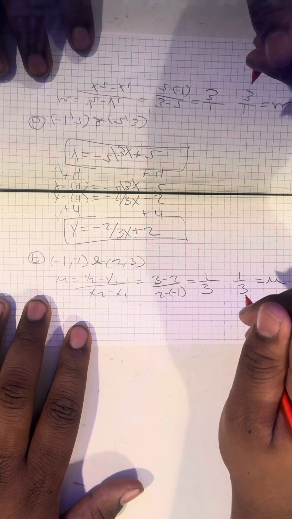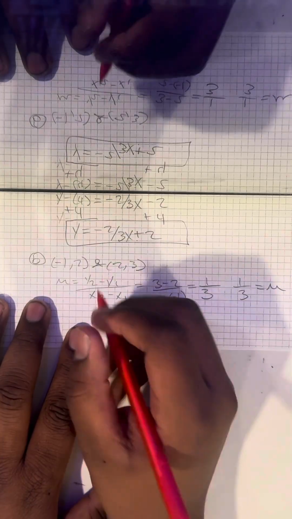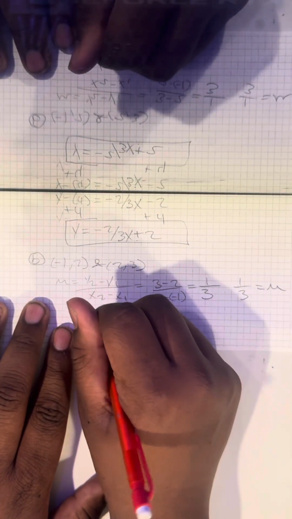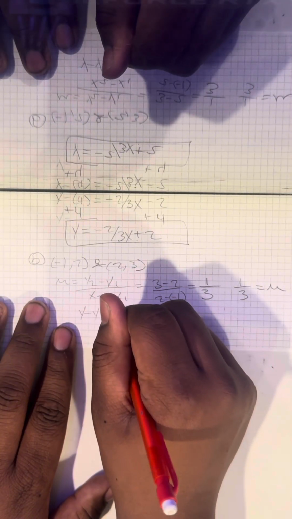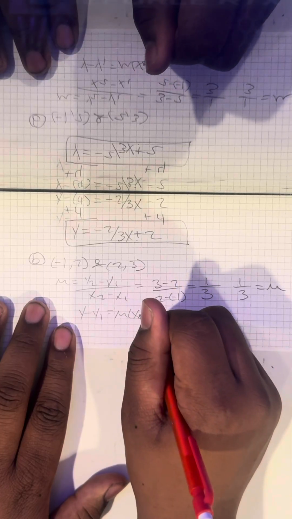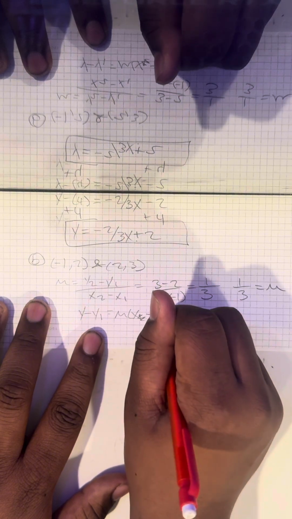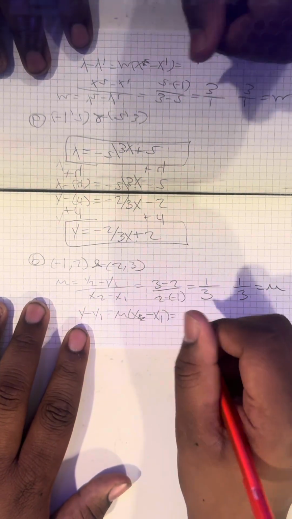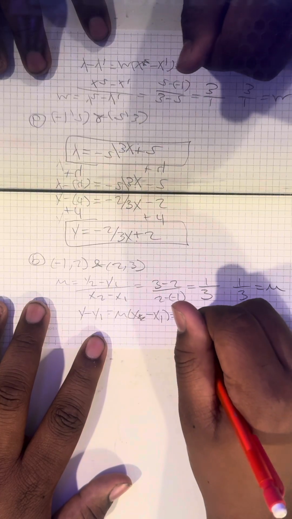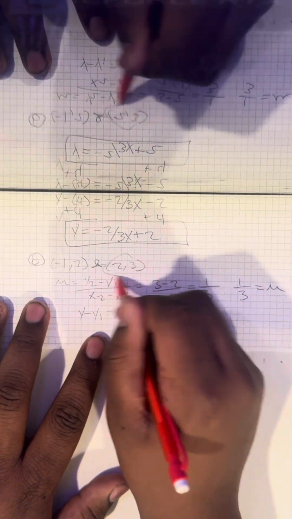Okay. Now we'll plug 1 over 3 into this formula and pick one of the points. We're going to use the point 2 comma 3.